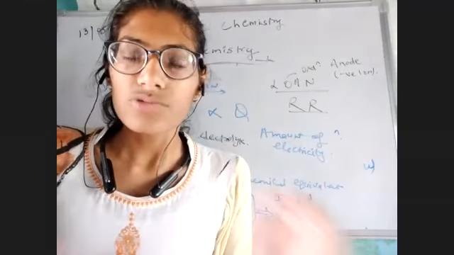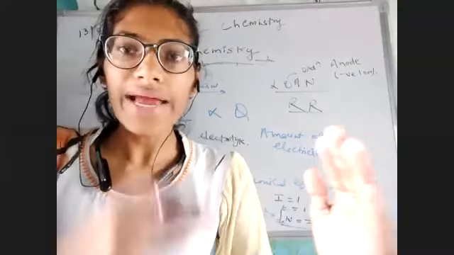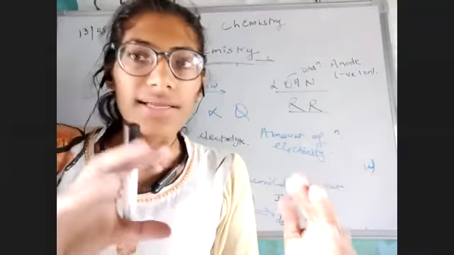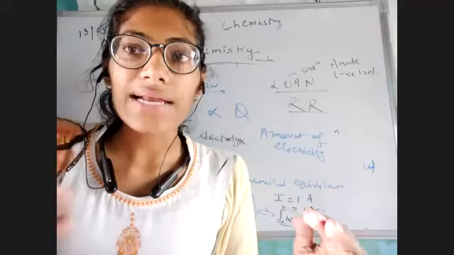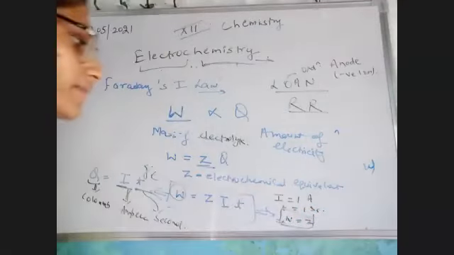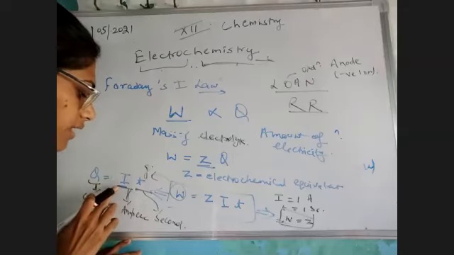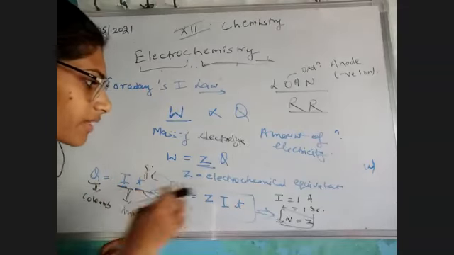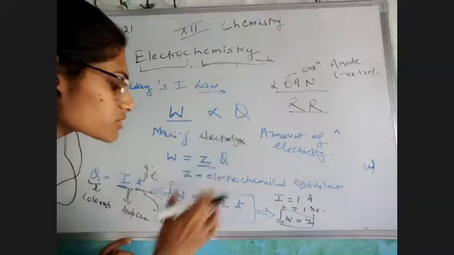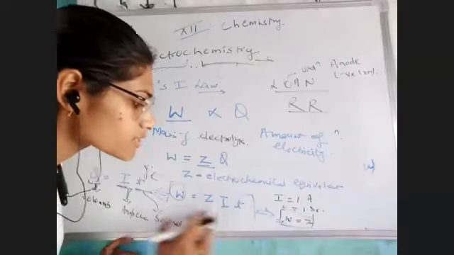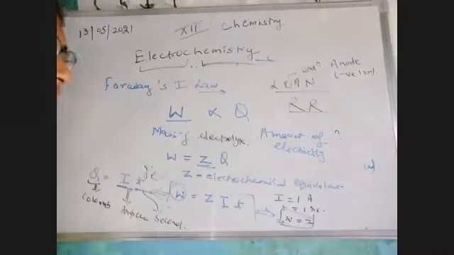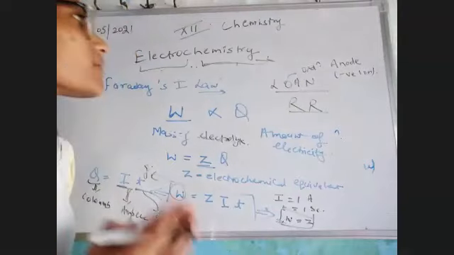It is simple. I am providing so much energy, and with that energy, that particular electrolyte is getting dissociated. Okay, and Q is replaced by IT, that is current into time. And if I remove the proportionality constant, we get the equation W equals ZIT. Okay, so this was all about today's topic.